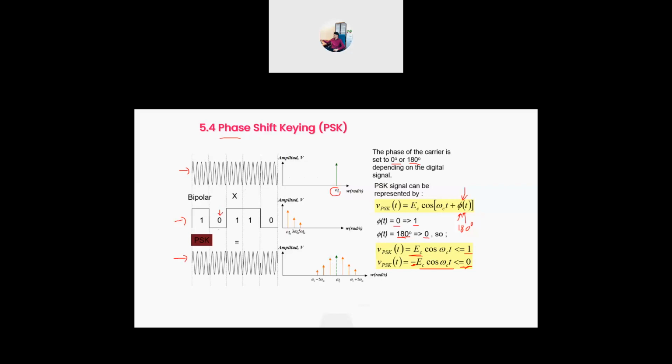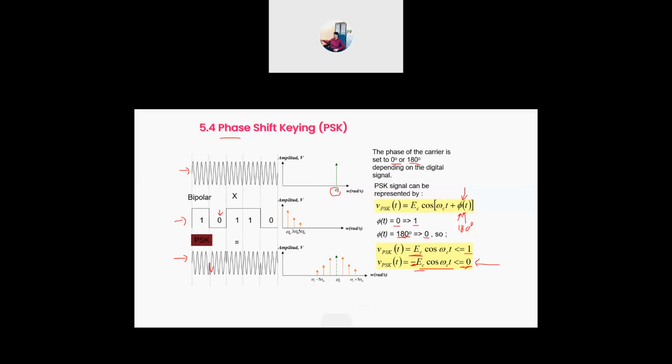The 0 here is actually inverted, negative. There is phase inversion: rather than continuing, because there is a change of bit, it inverts below because of the negative EC here.